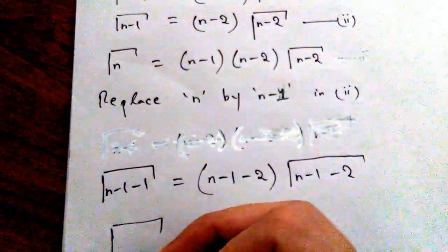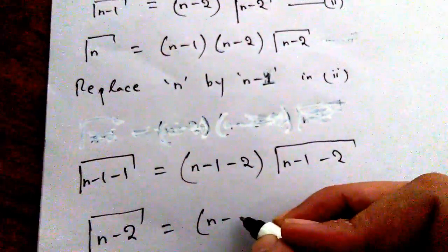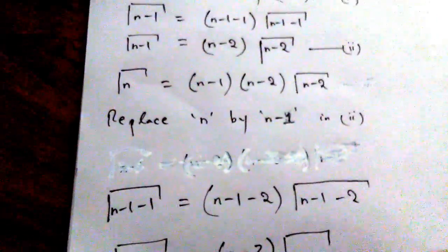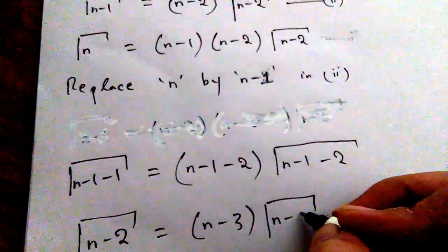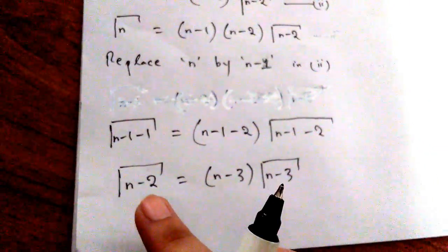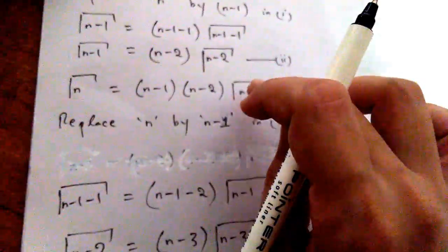So this thing gives me n minus 2, and it is equal to your n minus 3 into gamma function.